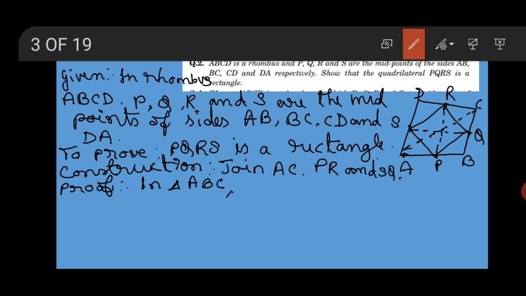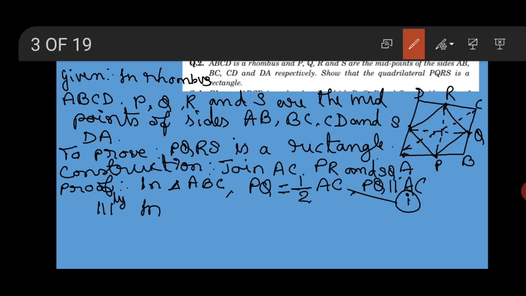Now write down one by one. PQ is equal to half of AC, and also PQ is parallel to AC. Call this equation number 1.